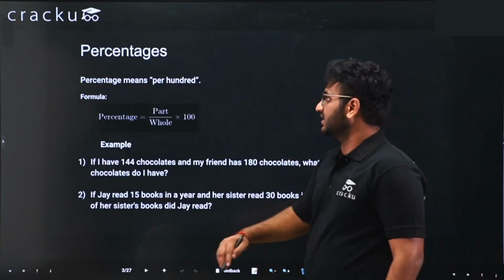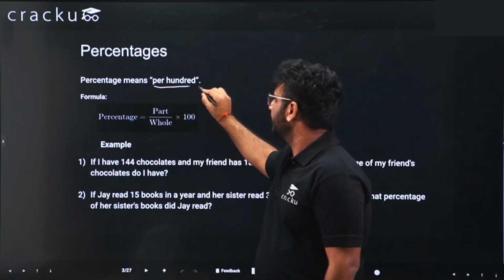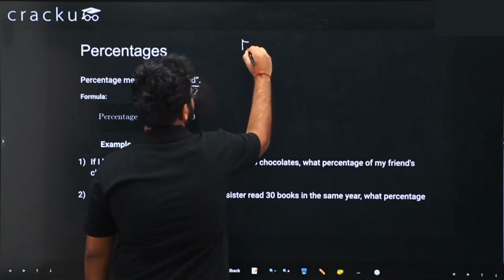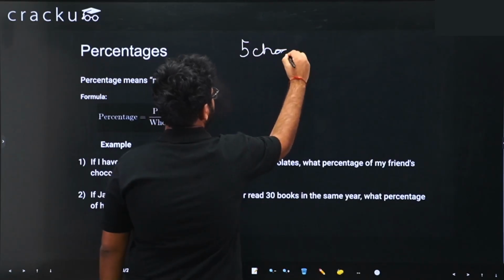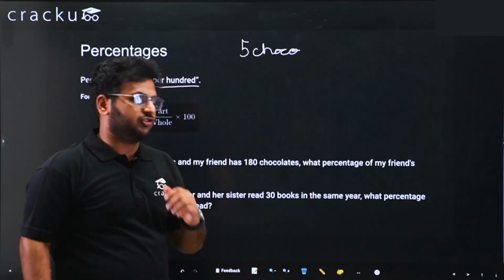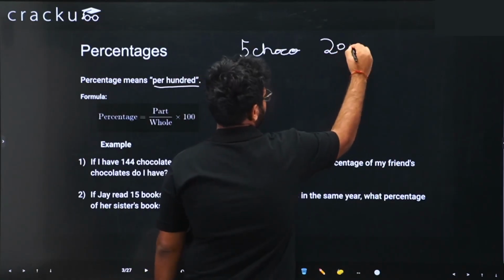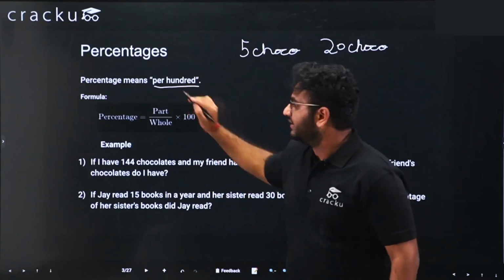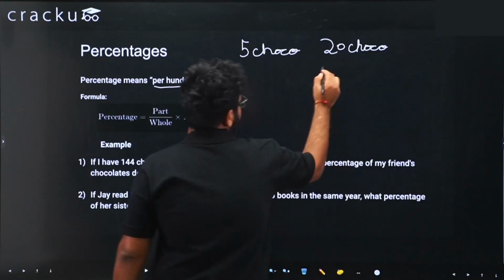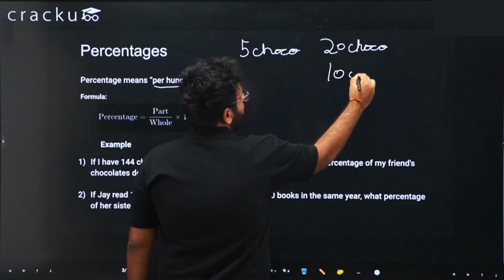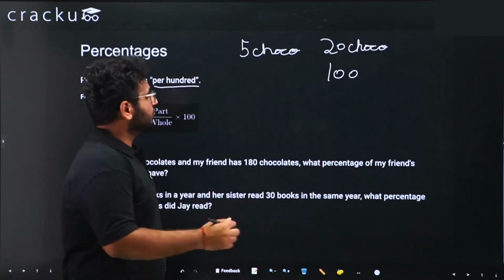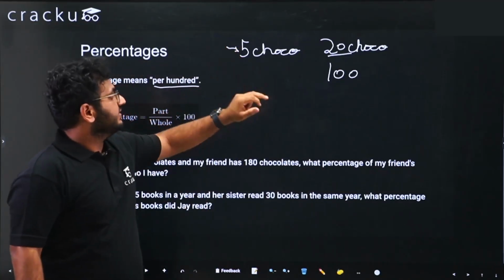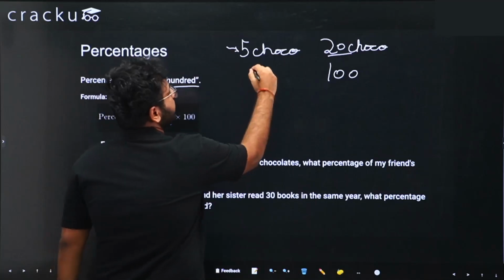Percentage is nothing but per 100. Let us assume that I have 5 chocolates out of a total of 20 chocolates. Now we know that percentage is per 100, so we assume that these 20 chocolates are equal to 100 chocolates. If in a total of 20 chocolates I have 5, then in a total of 100 chocolates, how many do I have?